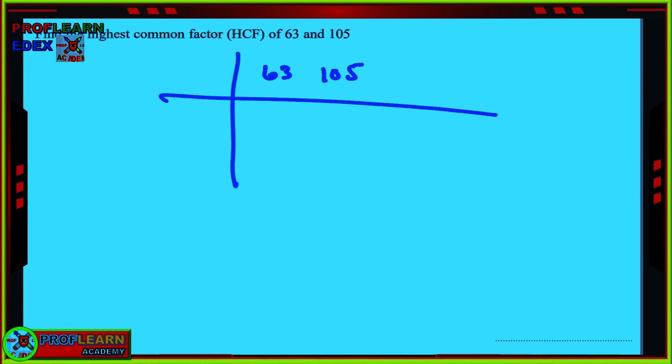Which number can divide 63 and 105? Can you just write in the comment? Which number can divide 63 and 105? Yes. Which one?